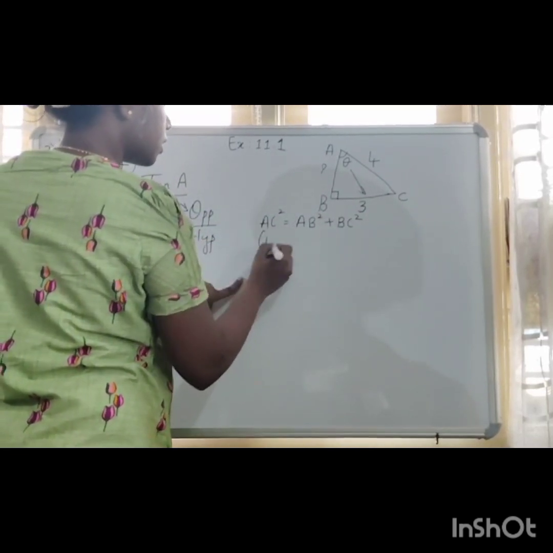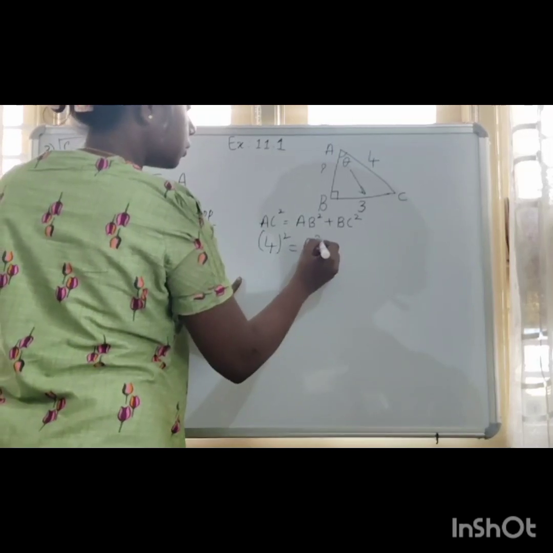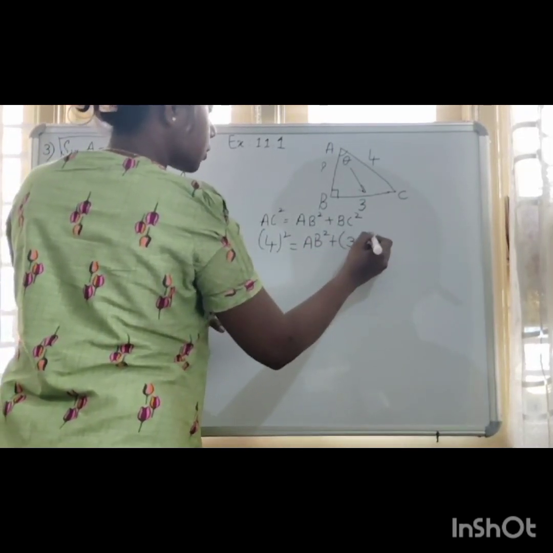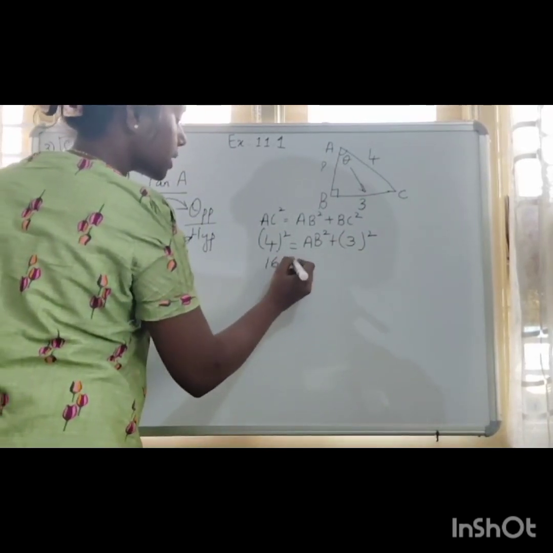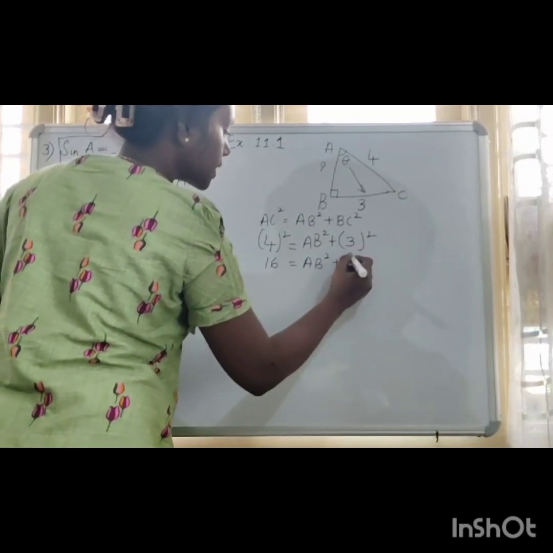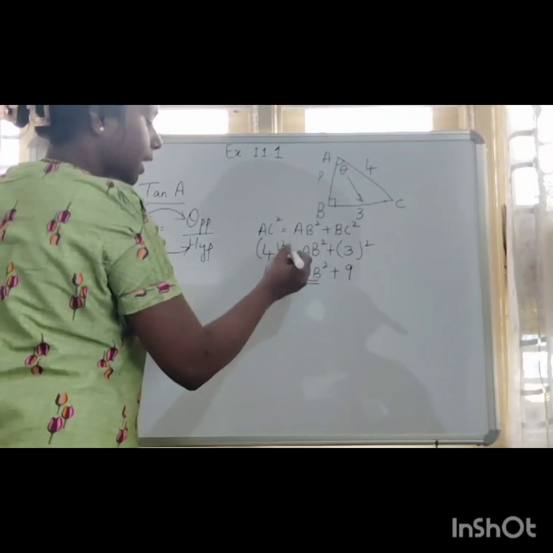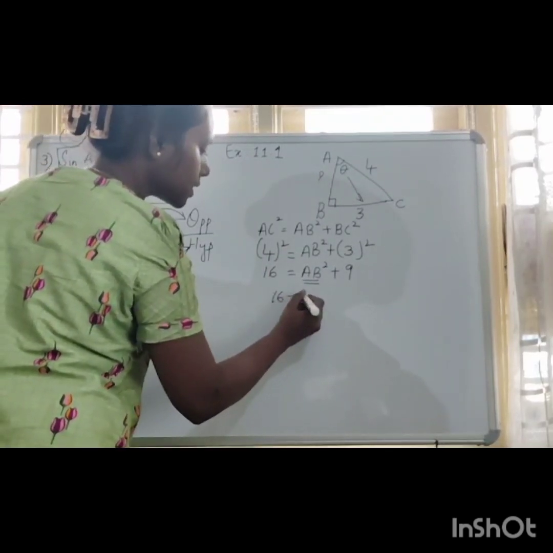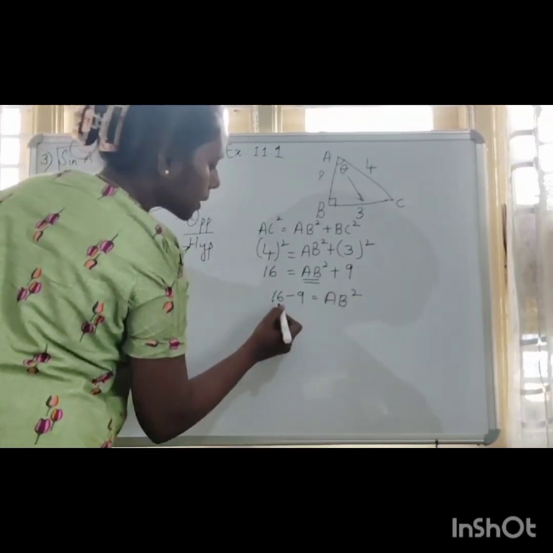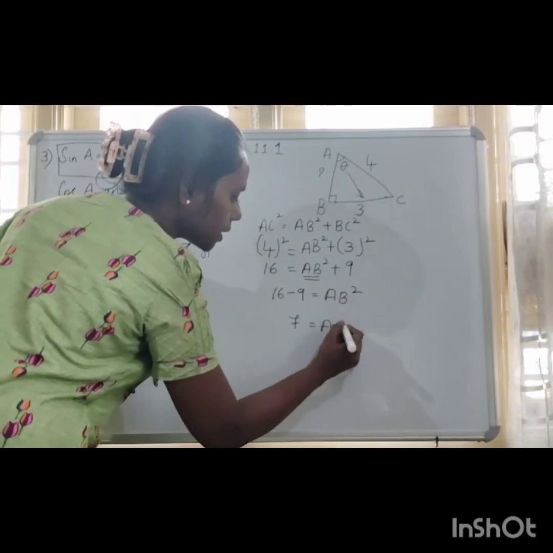AC is 4, the whole square, is equal to AB, we don't know the value, plus BC 3, the whole square. 4 square is 16, AB square plus 3 square is 9. We need AB value, so we will send 9 this side. It becomes 16 minus 9 is equal to AB square. Now 16 minus 9 is 7, equal to AB square.